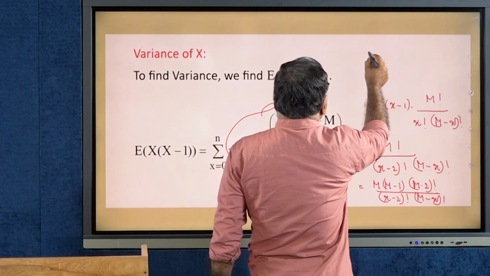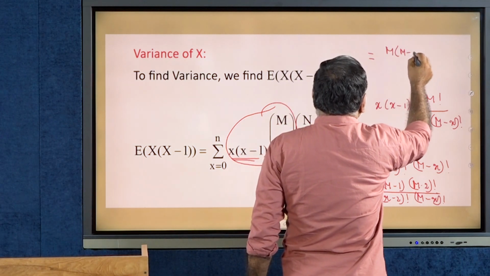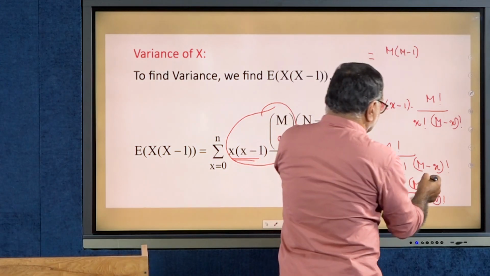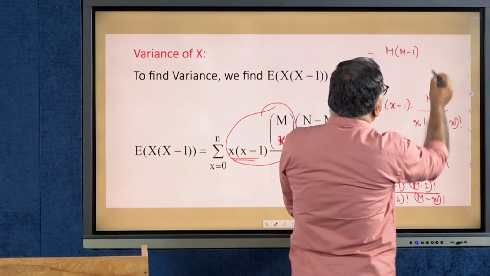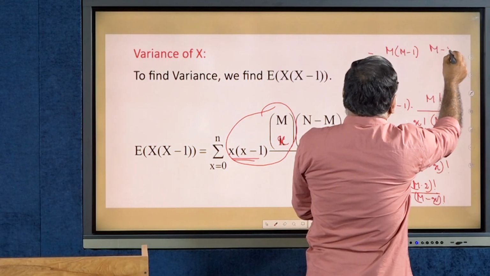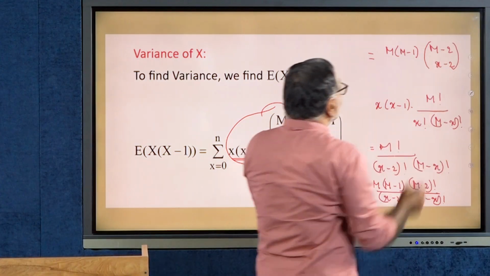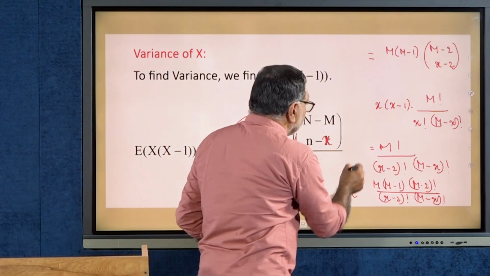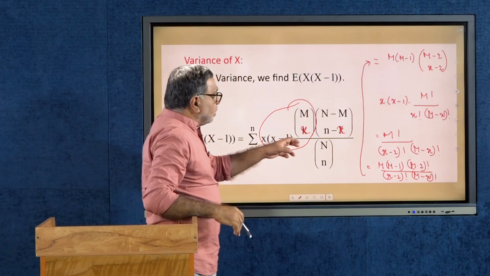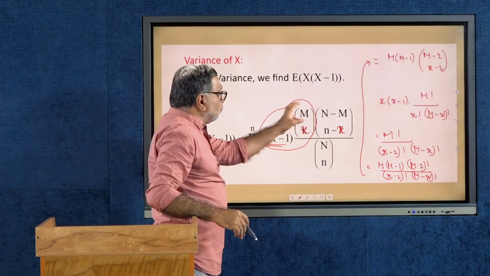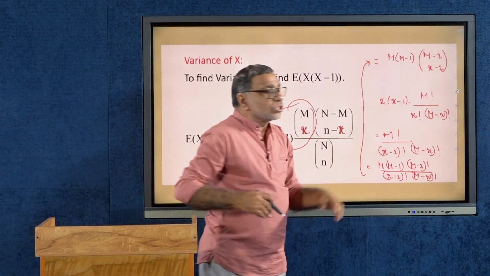That is nothing but M into M minus 1 times M minus 2 factorial divided by x minus 2 factorial and M minus x factorial, combining, you can write M minus 2 C x minus 2. So when we combine those two factors together and simplify, this expression reduces to this form.